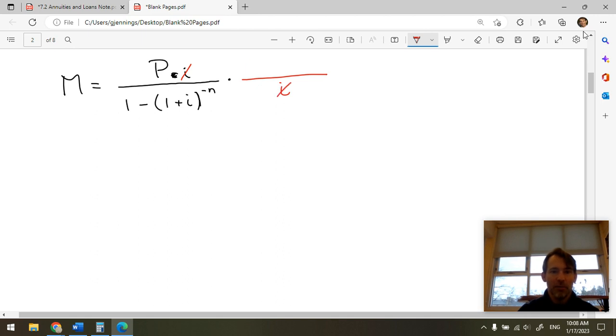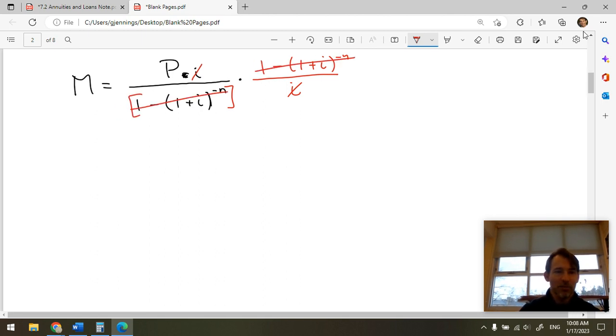And I'm going to multiply the top by 1 minus 1 plus I to the negative n. So that there is going to cancel that. And then I just need to multiply that on the same side, on the other side. 1 minus 1 plus I to the negative n multiplied by the monthly payment over I is equal to P.